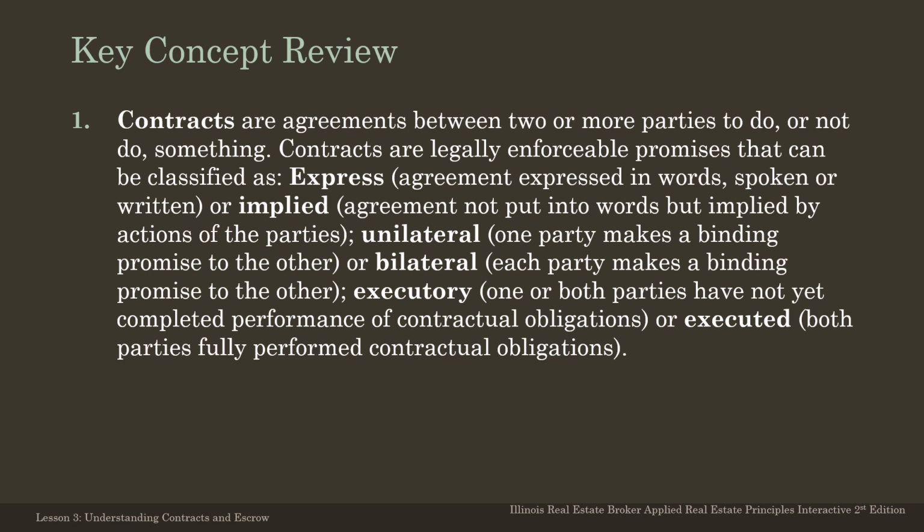Implied contracts happen as a result of the actions of parties, and that can create a contract as well. So typically, we want express agreements so everybody knows what everything is about, everything's in writing. So you have to be a little careful about actions. Your actions might imply or create a contract between parties.